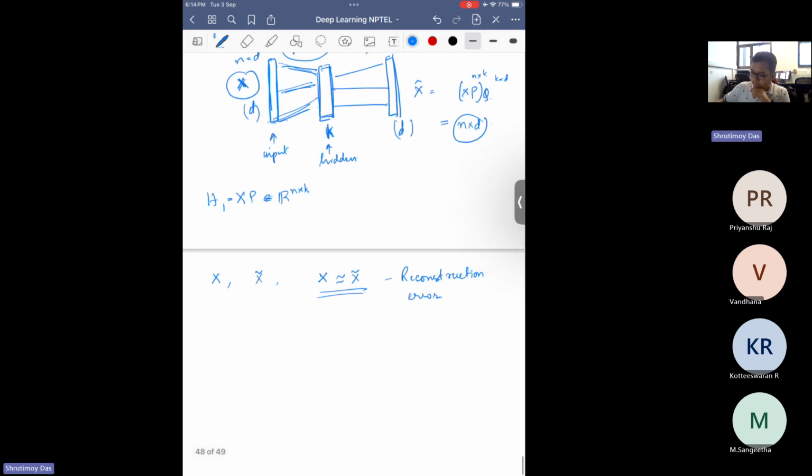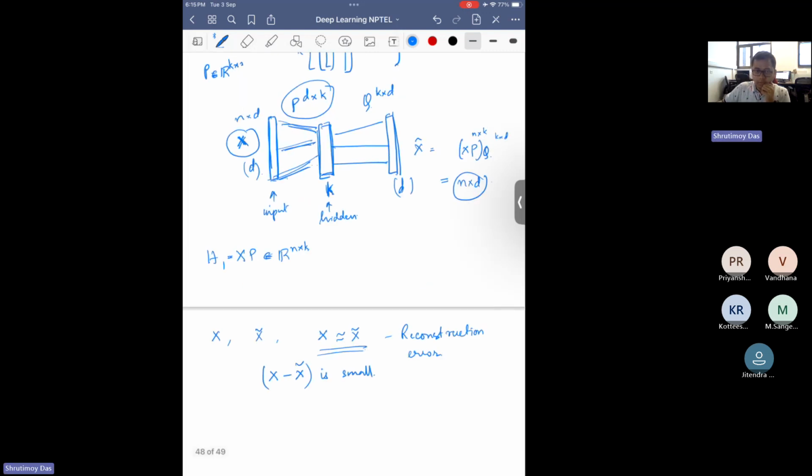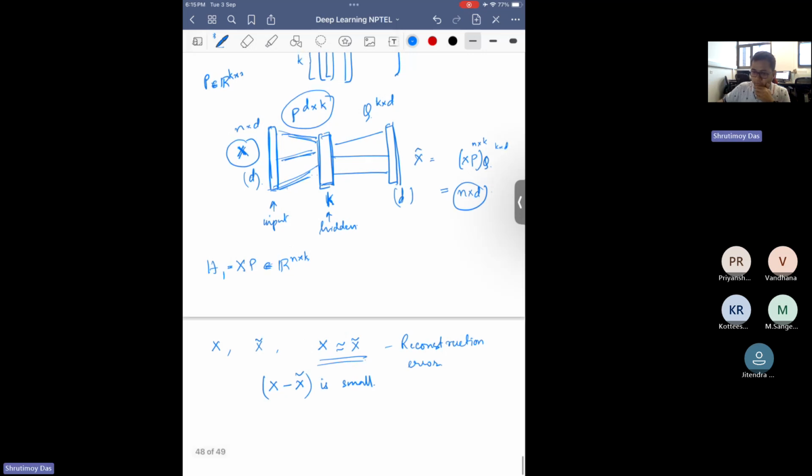So that means my x and x tilde are close, that is, this quantity is small, right? My input was this x, my output is this x prime. So again I want to satisfy this condition, right?